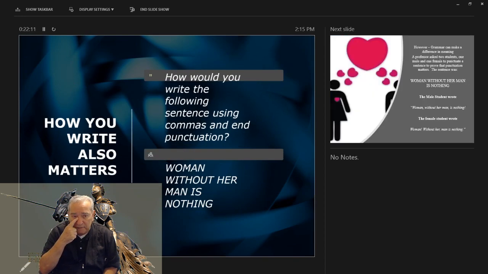How would you write the following sentence using commas and punctuation? Grammar is important. I said we're going to be looking at content, but in your rubrics you will usually have at least a small point or so referencing grammar. Here was an example. How would you write the following sentence using commas and punctuation?